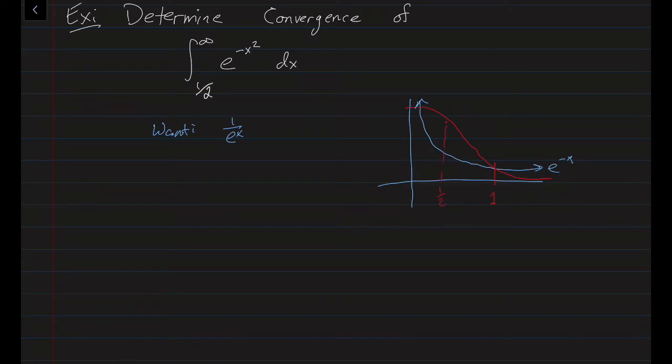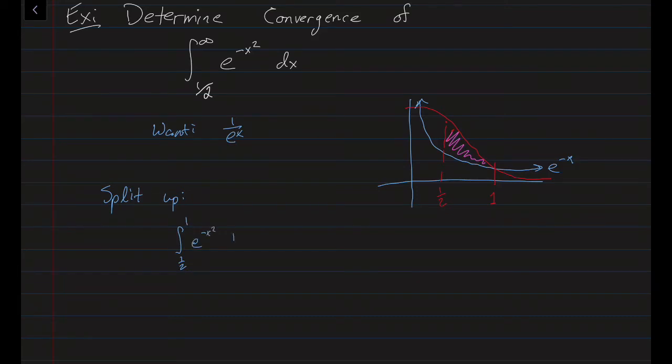So if we integrate from 1/2 to infinity, we have this area here where e to the negative x squared is actually larger than e to the negative x. So in order to rectify this situation, we just split up our integral.